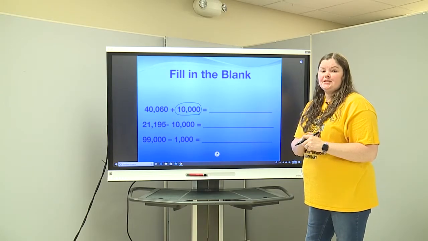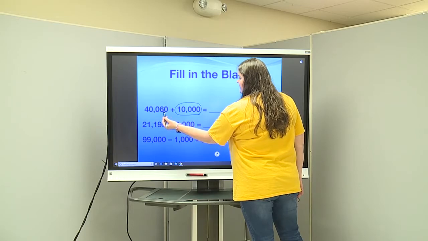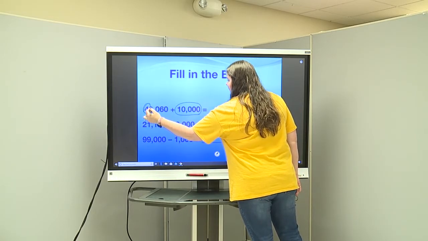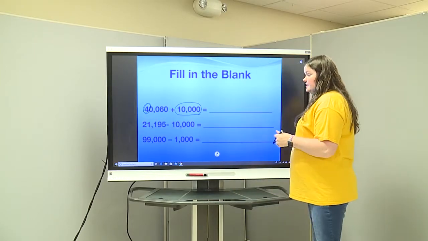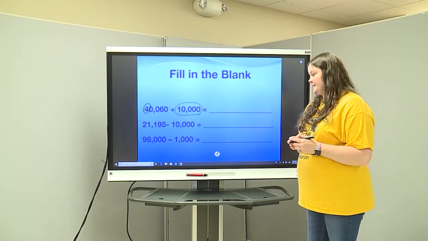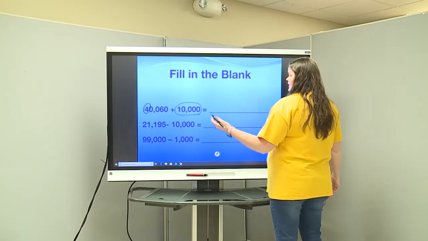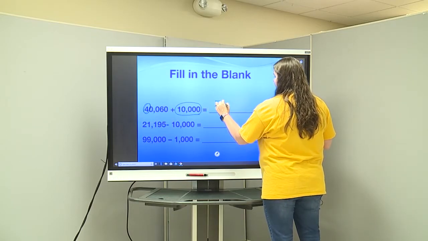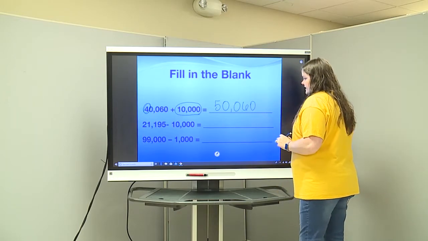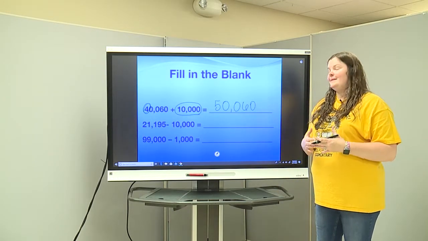Which one of those digits is in the 10,000s place? I've got ones, tens, hundreds, thousands, 10,000s. So the only digit that's going to change here is that 4 that's in the 10,000s place. So if I add 10,000, instead of 40,060, now I have 50,060. Again, all I did was I changed that 10,000s place.